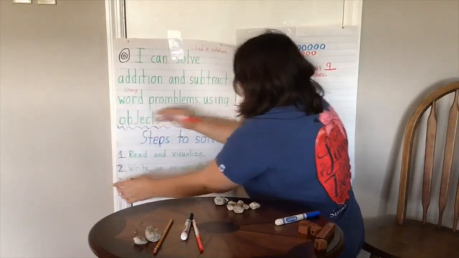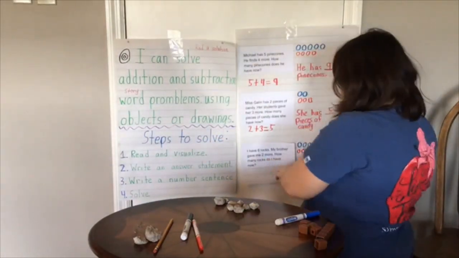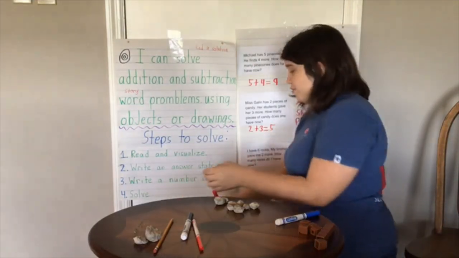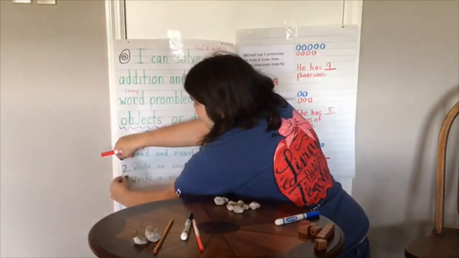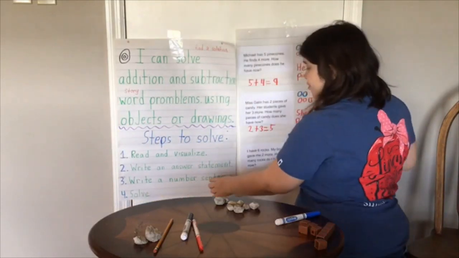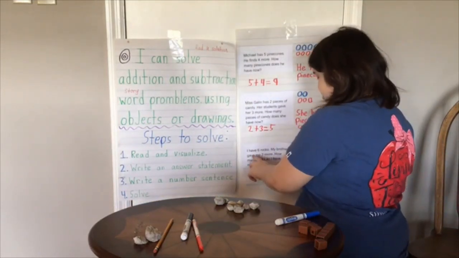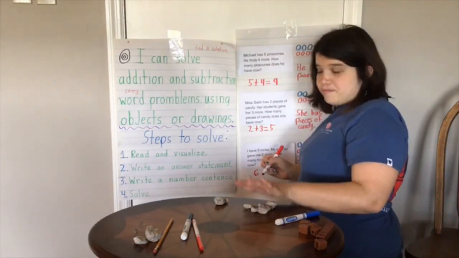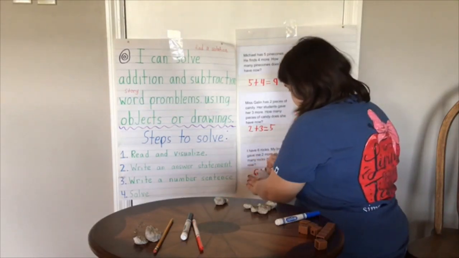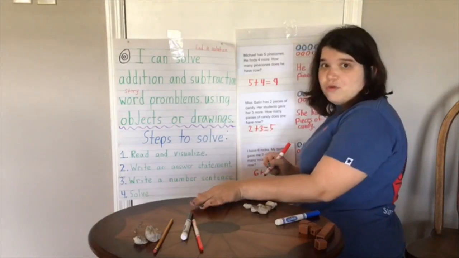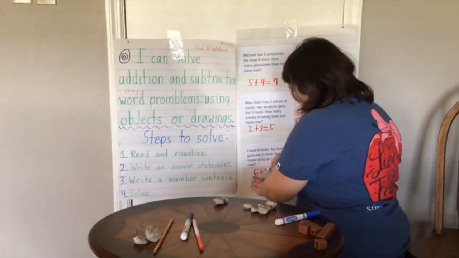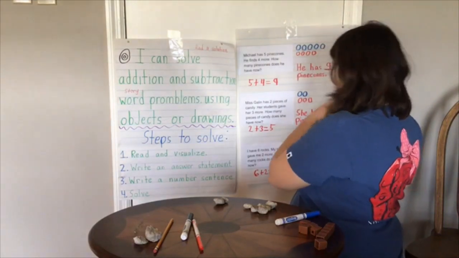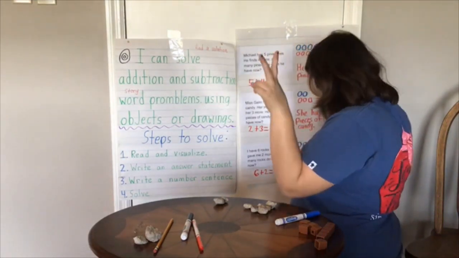Okay. My answer statement is... and then third, I'm going to write a number sentence. So I started with 6 rocks. 6 plus my brother gave me 2 more equals, so I'm going to count on from 6, 6, 7, 8.